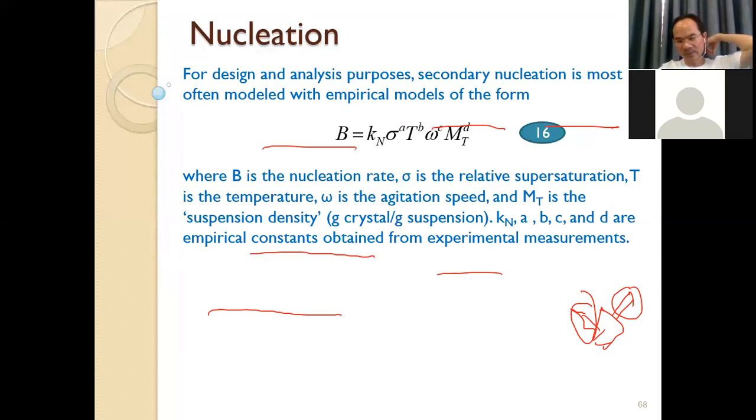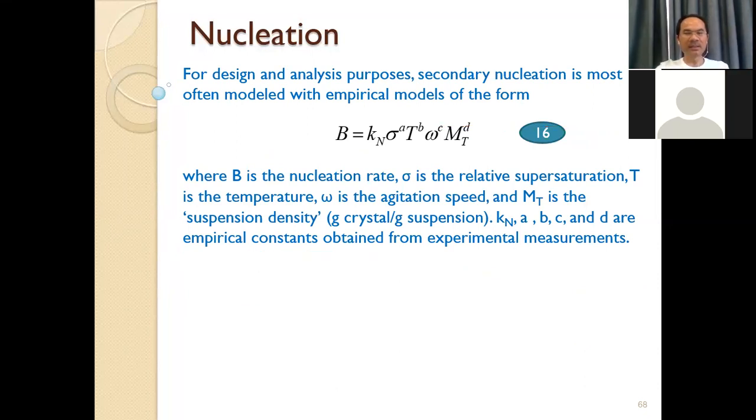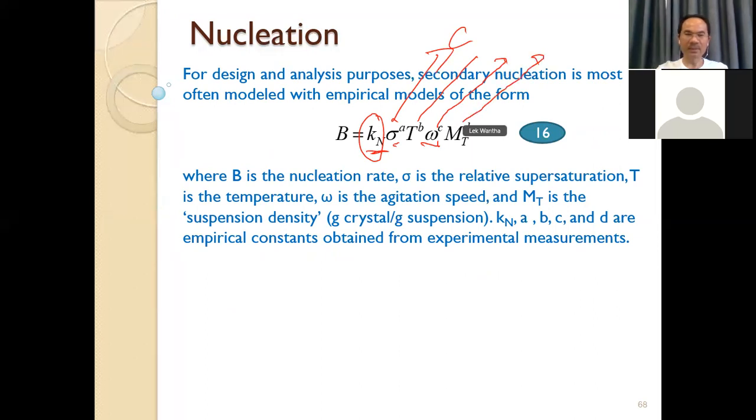And we can also express the secondary nucleation as a function of Kn. That's right. It's a function of sigma. Kn is a constant. Sigma is the relative supersaturation. It depends on concentration. It depends on temperature. Omega is the impeller speed, which depends on mixing. Mt is the mass concentration or suspension density.